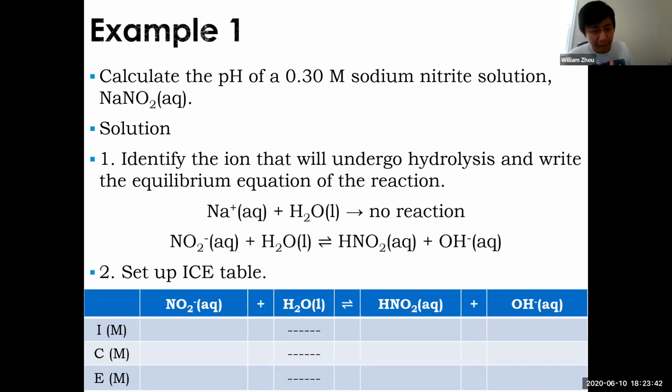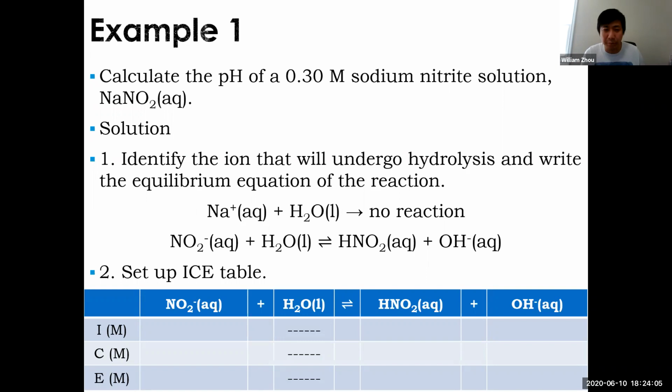Nitrite in water, it will take a hydrogen from the water to make HNO2. And as a result, you make hydroxide. So this is the ion that will undergo hydrolysis. So you write the equilibrium equation of this to produce hydroxide, and then you set up an ICE table. What is the initial concentration of NO2? Well, just look back to the question.